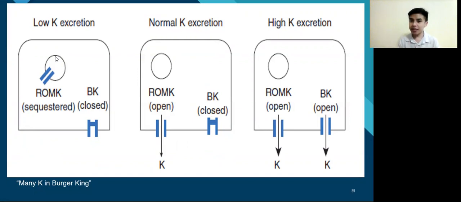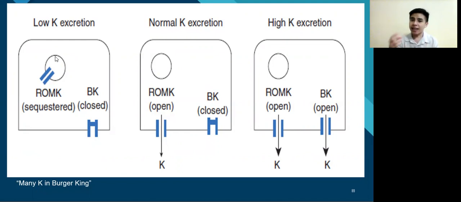So the type A intercalated cell will be activated. Now, let's say our potassium is within normal. So we just have normal excretion of potassium. The ROMK is open, but the BK is closed. I don't know why, but it's just closed.